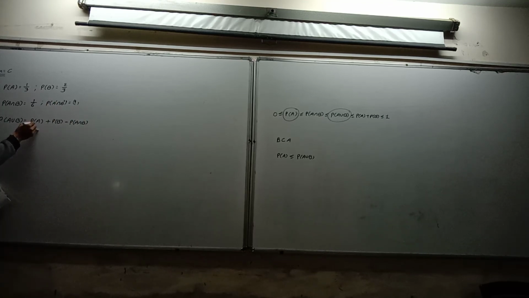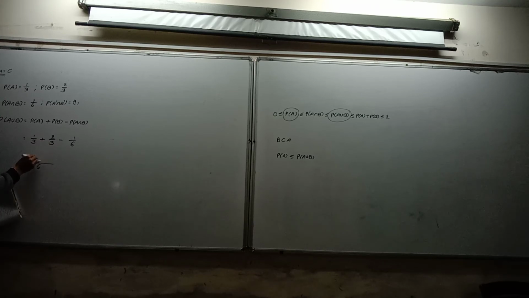वैल्यू P of A 1 upon 3 plus P of B 2 upon 3 minus A intersection B 1 upon 6, LCM. So first value 1 upon 3, denominator multiply by 2, numerator also multiply by 2, 2 ones are 2.